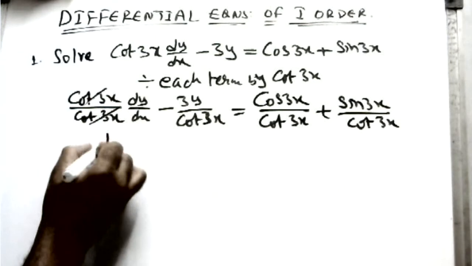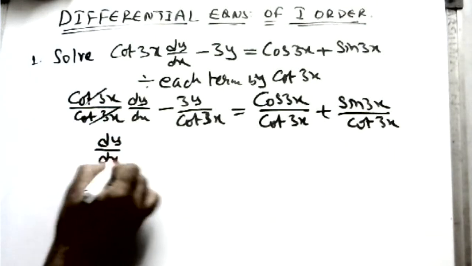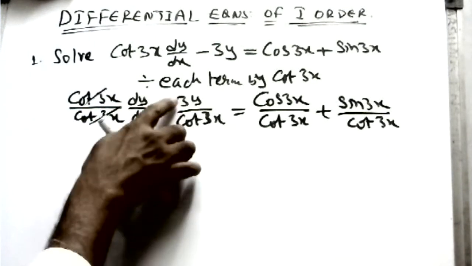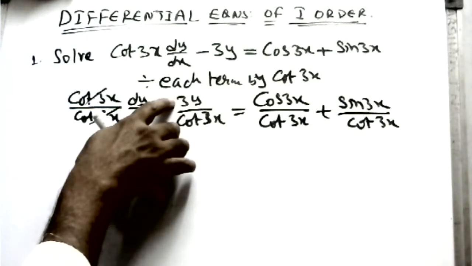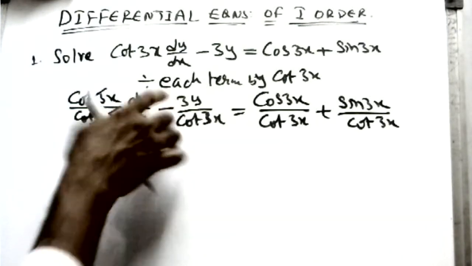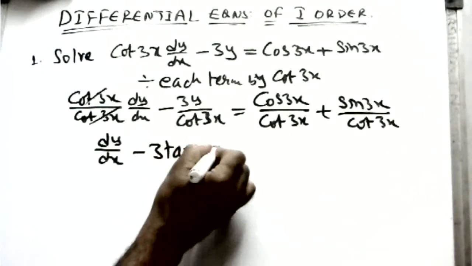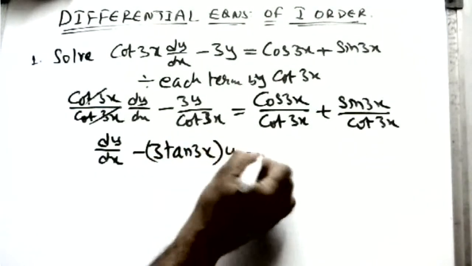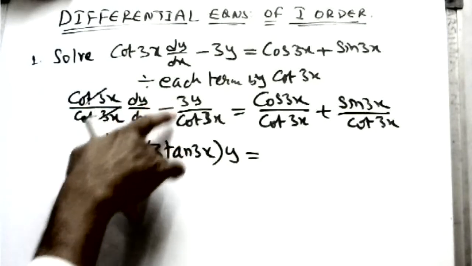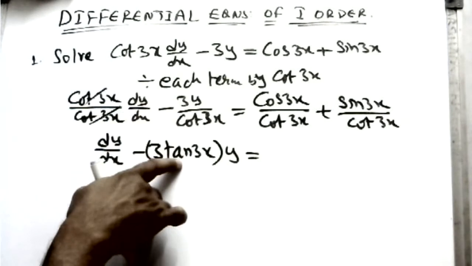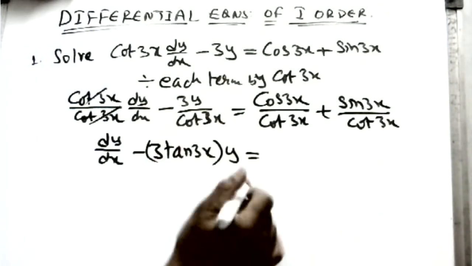This cot will get cancelled. What is left here? dy by dx minus, bring this cot in the numerator. If you send the cot to the numerator, it will become tan. It will be 3 tan 3x into y.